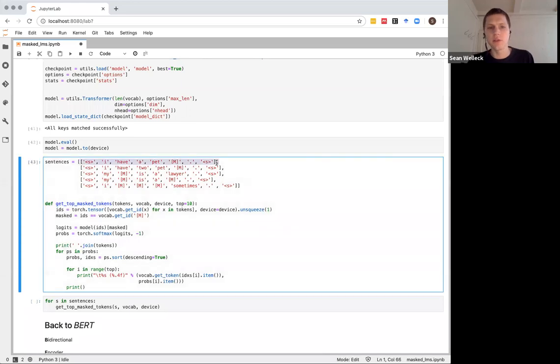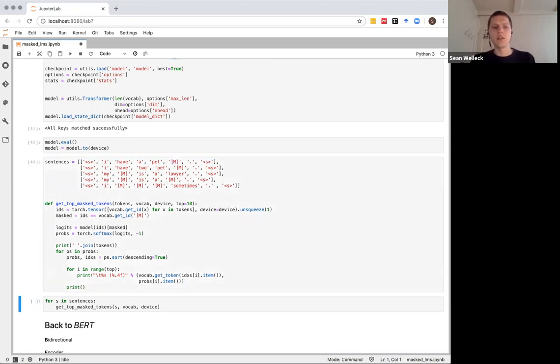Here's an example sequence. We're going to do a forward pass through the model, take the softmax, and then look at the distribution over tokens in each one of these mask positions. So that's what this code is doing. Maybe we can actually look at the result and you'll see what it's doing.